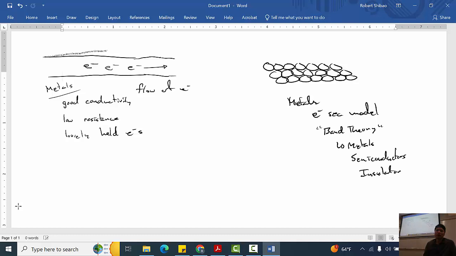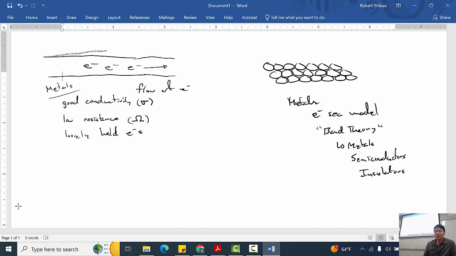What defines a metal? What defines a metal is excellent conductivity. Conductivity is usually given the symbol sigma, and the units are Siemens, like the Siemens semiconductor firm. Resistance is given the symbol omega, and the units for omega are ohms.